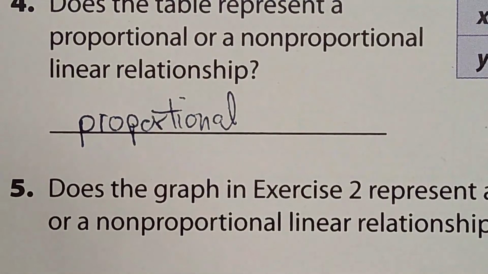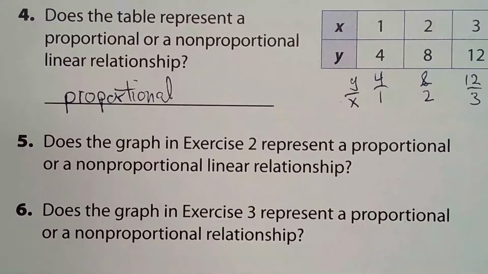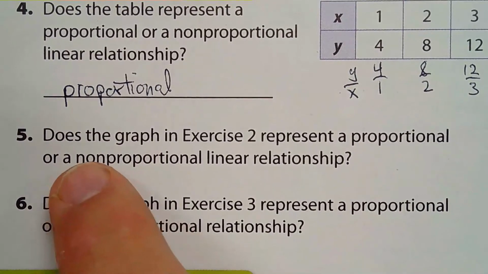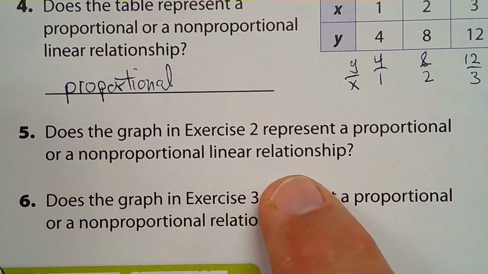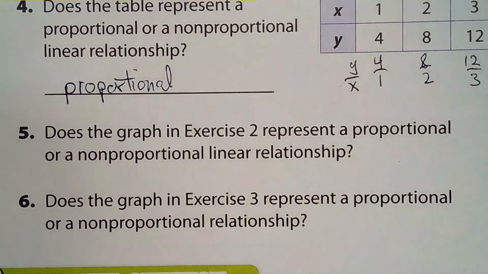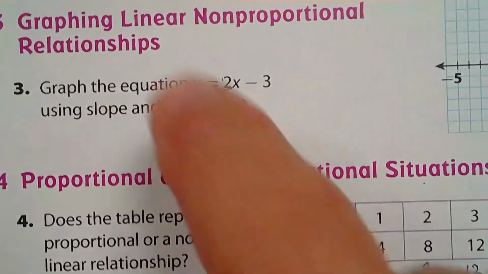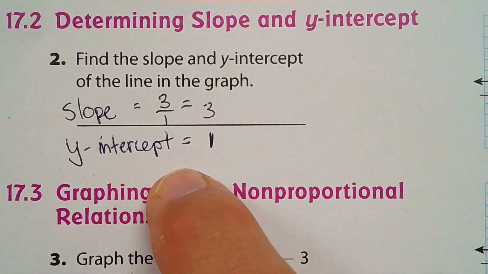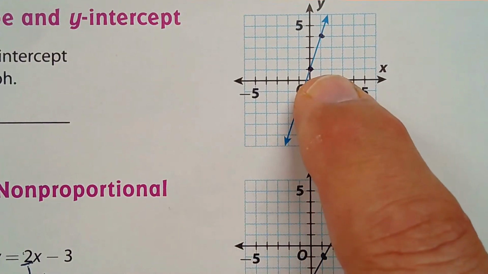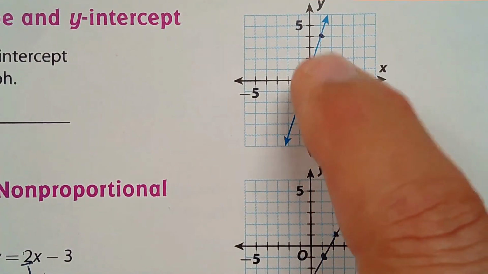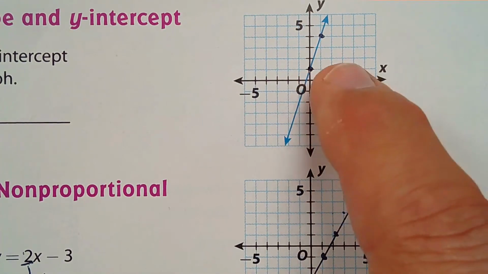And then the next question is, does the graph in exercise 2 represent a proportional or a non-proportional linear relationship? So exercise 2, if we remember, is up here. And this one here is non-proportional because it does not cross the origin.